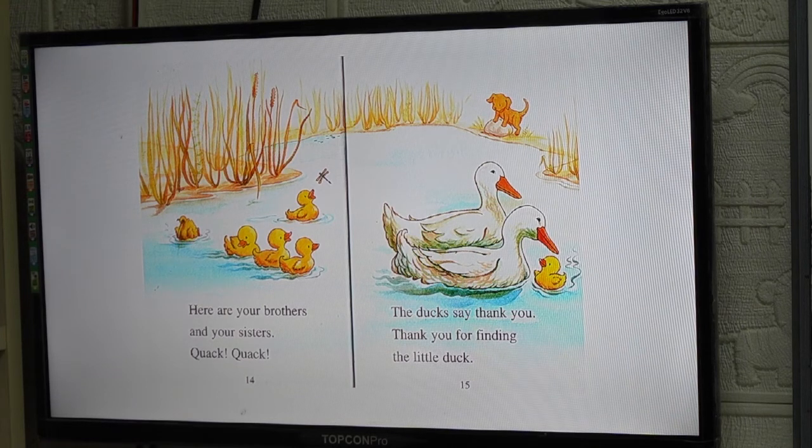How many brothers and sisters does this little duck have? 1, 2, 3, 4, 5. There are 5 little brothers and sisters of this little duck. The duck says, "Thank you for finding the little duck."